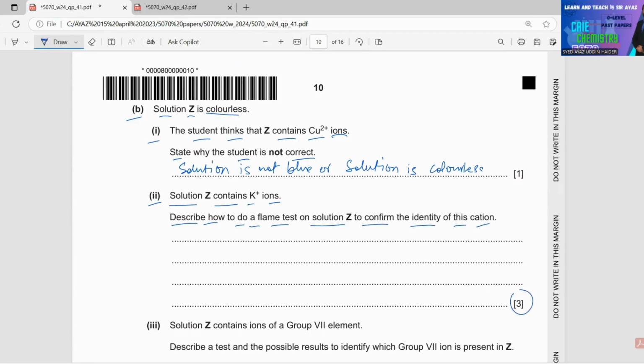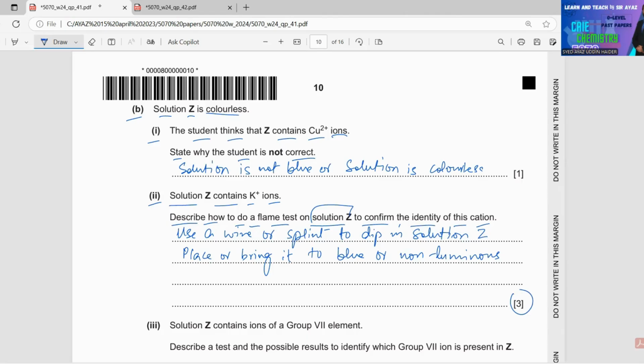So you have to write, use a wire or splint to dip in solution Z. Bring it to a blue or non-luminous flame.